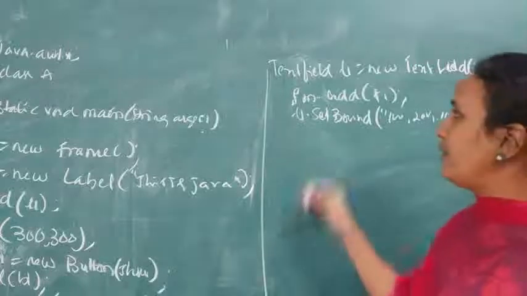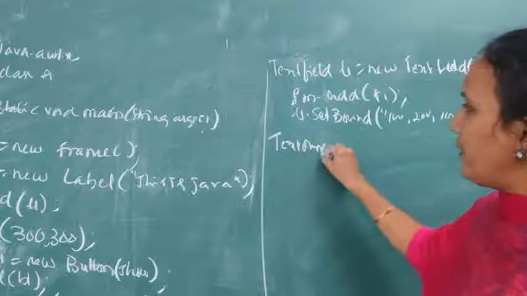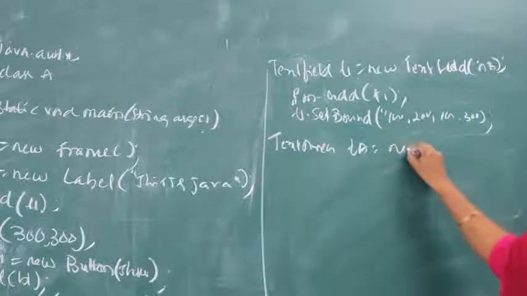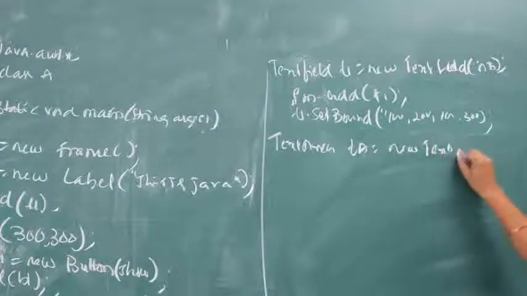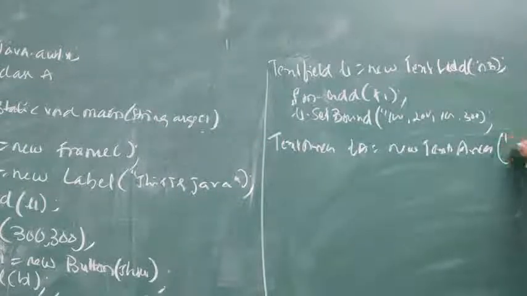Next, in the same way, you create an object for the text area. For example, TextArea TA = new TextArea. After that, the next component is a text area. I said text area, where you can give more lines of text. This is for an address, for example. In the same way, first you should create an object.